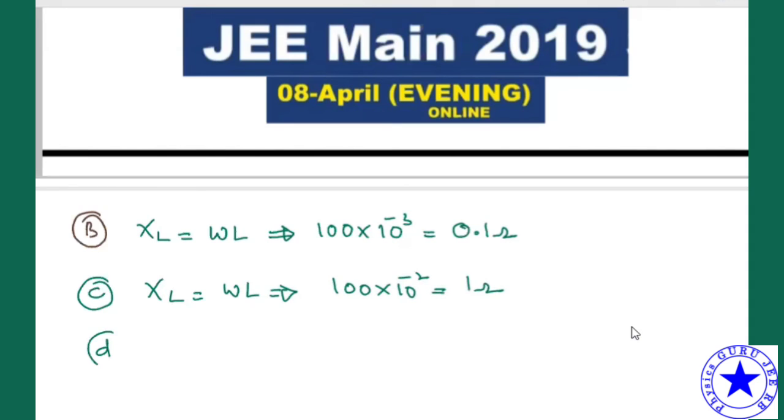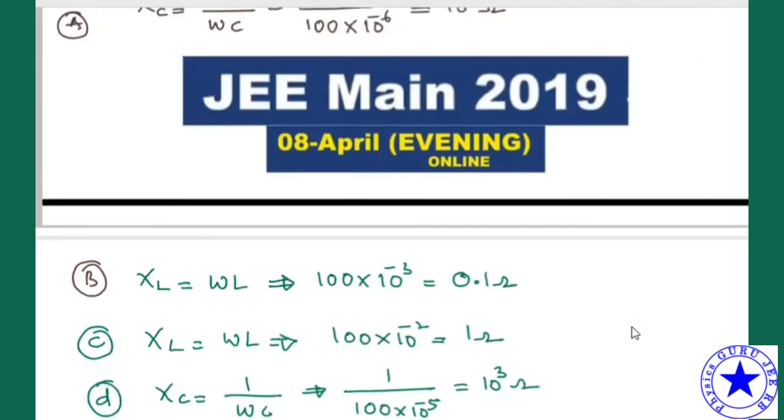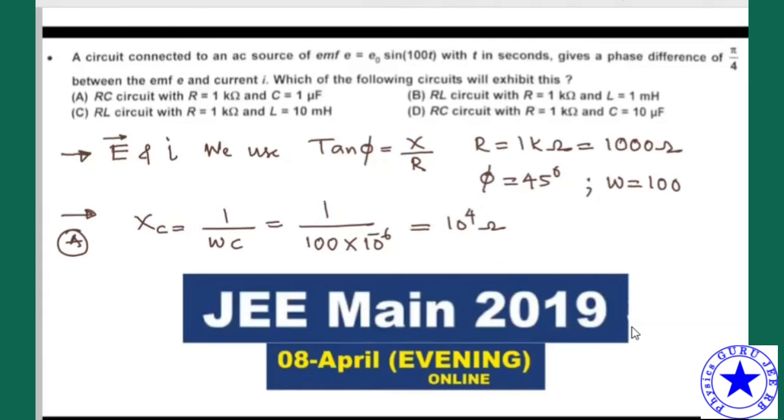Next, option D: XC is 1 by omega into C, or 1 by 100 into 10 to the power of minus 5, which is equal to 10 to the power of 3 ohms. So why did I calculate XL and XC here? Option A has R and C, option B has L and R, option C again L and R, and option D has R and C.